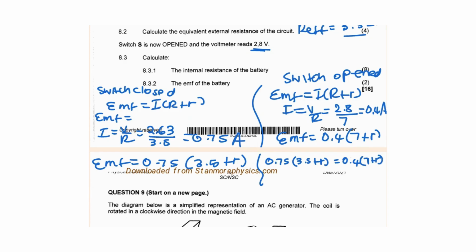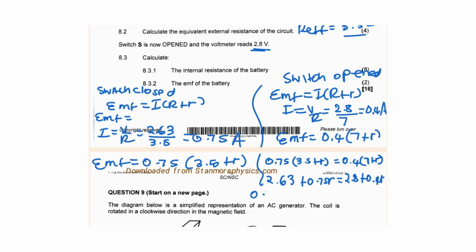If I multiply those out, 0.75 times 3.5 gives me 2.63, plus 0.75 r, equals 0.4 times 7, which gives me 2.8, plus 0.4 r.